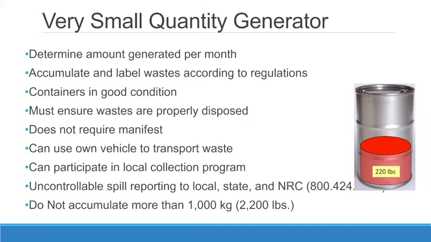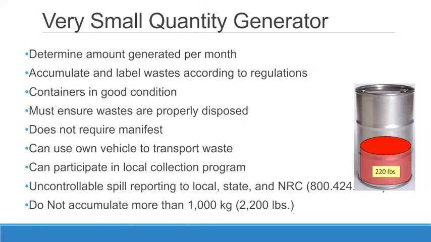We'll go through more details in the next session, but I need to give an indication of what is actually in there. So not only does it need to say hazardous waste, but it needs to say like waste solvent, or you could put the waste code on there, but you need to put some additional information. The containers must be in good condition. They must be kept closed at all times unless I'm putting waste in or removing waste from the container. I need to make sure that they're properly disposed.